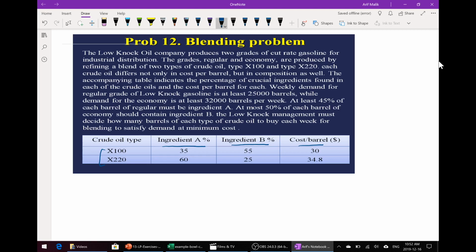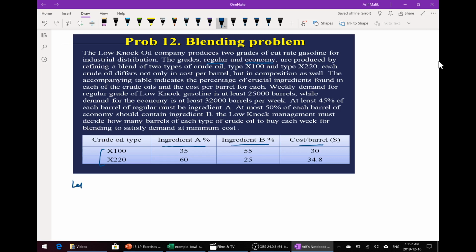These are the crude oils, and we have to blend them to get the regular and economy. In this type of problem, defining the decision variables is very important. If you define the variables properly, then writing the formulation is not difficult.